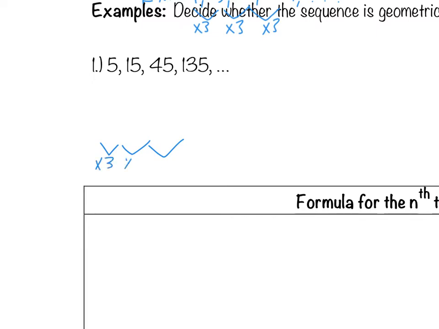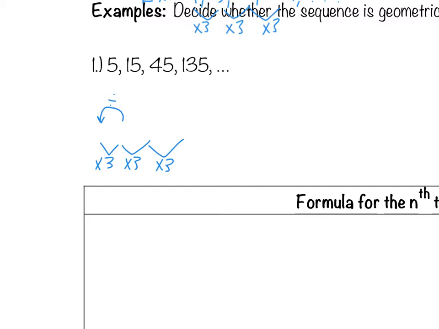But sometimes it's not so easy. To figure out what's happening between two numbers, it is best to understand that to find the common ratio, you can divide the second number by the first number. Notice how 15 divided by 5 is 3, which is the common ratio.